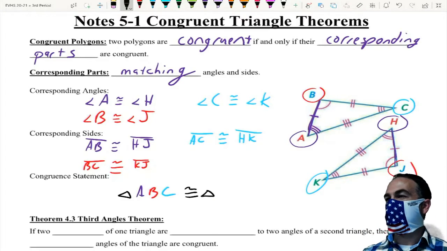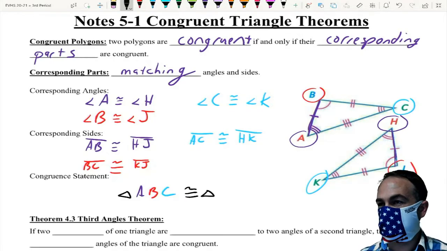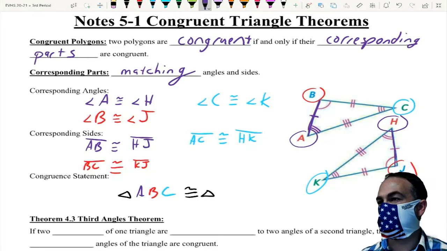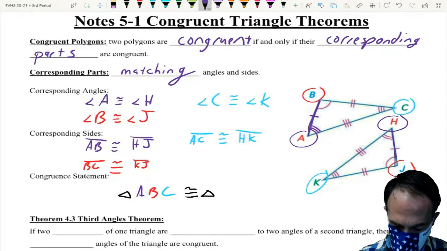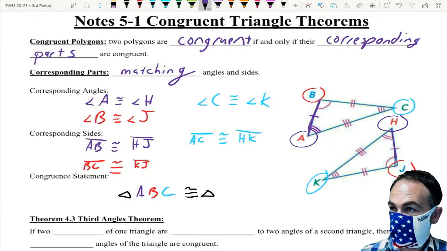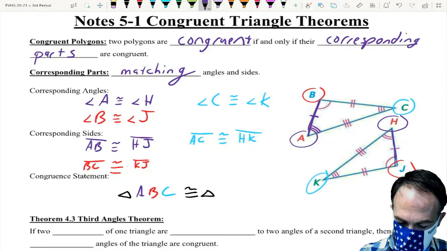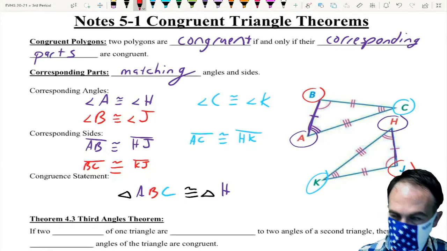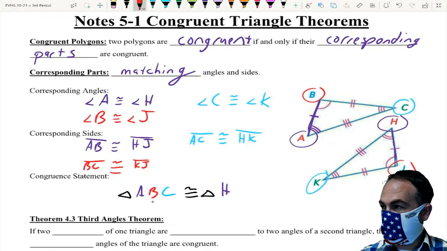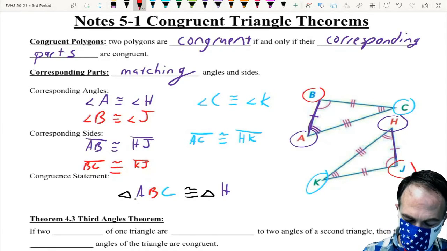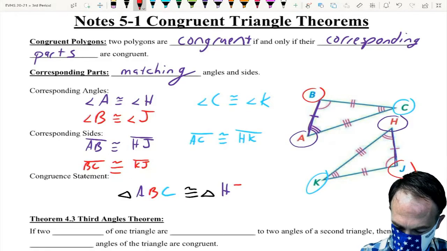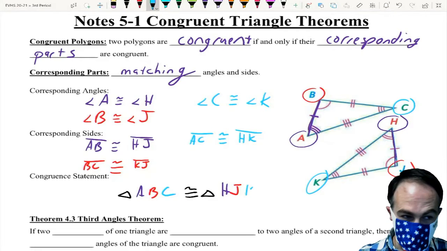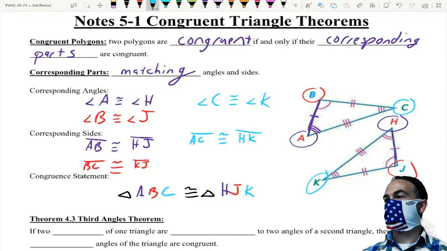So, whatever angle I place first must match with angle A and must be congruent to it. Which one matches with angle A? Well, angle A matches with angle H. Then, second I had angle B, so which one corresponds to angle B? J. And then angle C corresponds to angle K. So you've got to make sure these are written in the right order.